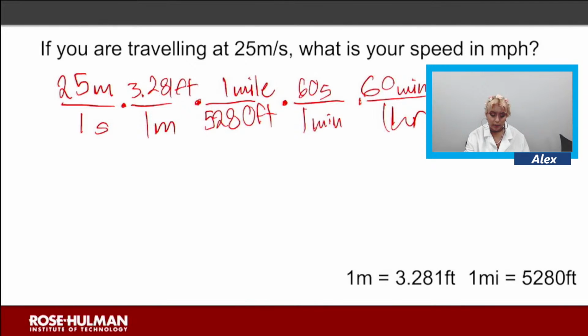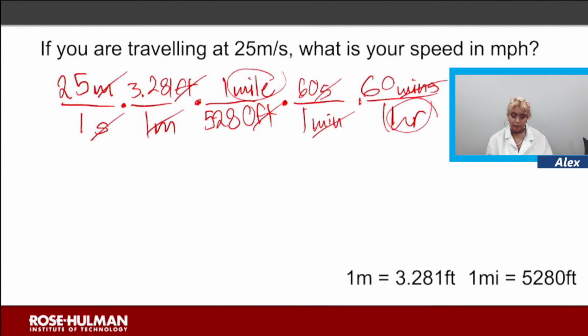So after doing all of the simplification, and this is a good way to check to make sure that you didn't put anything in the numerator when you should have put it in the denominator, is just go through and cancel out everything that gets canceled out. So here, meters gets canceled out, feet gets canceled out, seconds and minutes are canceled out, so the only thing left is miles over hours. So we do our calculations.